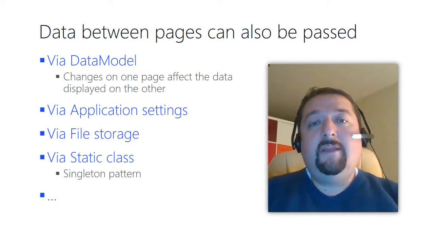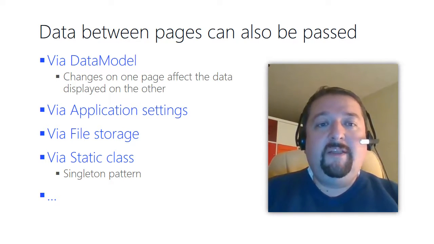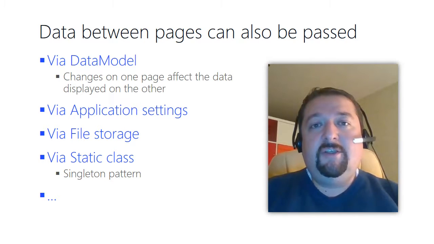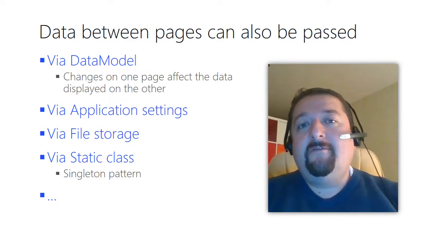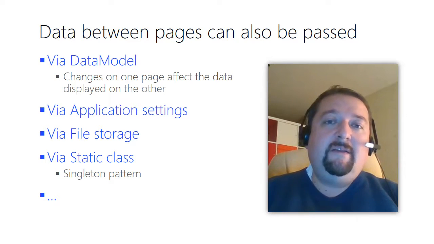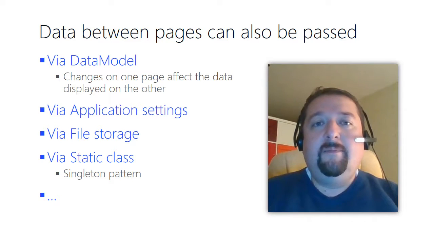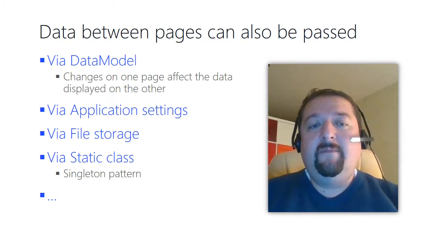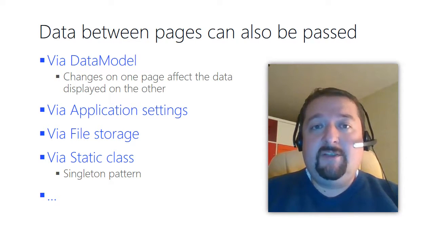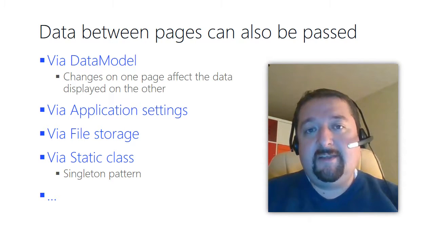But there are also other ways to pass data between pages. For example, if you have a common data model, of course, changes made in the data model by one page are reflected on the other page. So you can just change the data model and then the new page would already display the new data. You can do this through application settings, which is something all pages have access to.